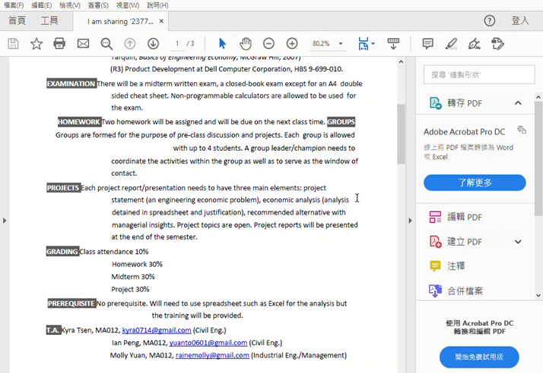The homework will be given in one week, and you have probably one to two weeks, depending on whether or not we have classes the following week. I'll say it at the next class time. And we'll form groups, but mainly for the project.